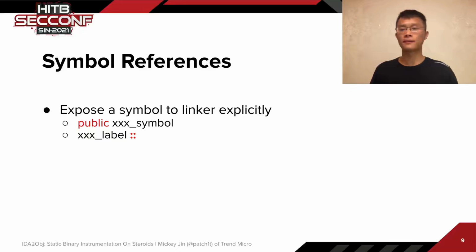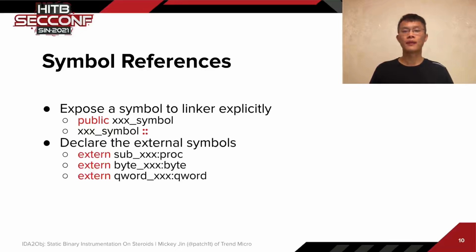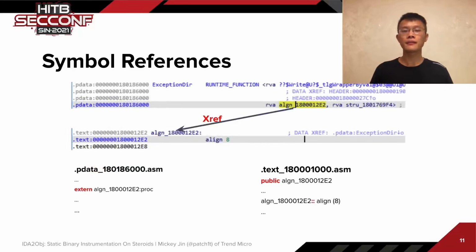And we can also declare external symbols by using the keyword extern. Here is a symbol example. We can see there is a cross-reference from the pdata segment to the text segment. Then in the pdata assembly file, there is an extern declaration, and in the text assembly file, there is the public keyword. Note the double colons here.